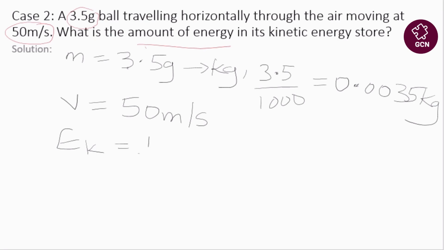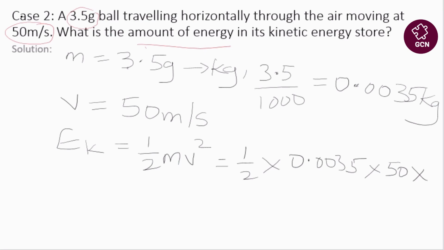Recall our formula for kinetic energy, which is half mv squared. So if we fix in our values, we have half times m is 0.0035, and v squared is 50 times 50. So when we multiply all of this together, we have 4.375 joules.